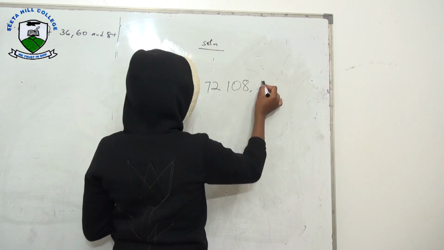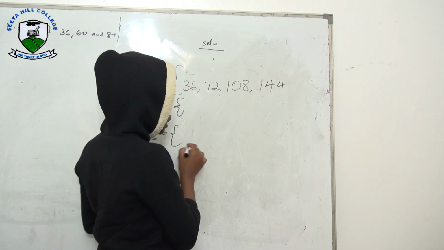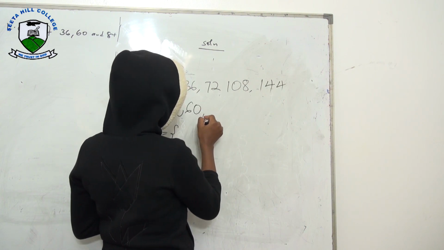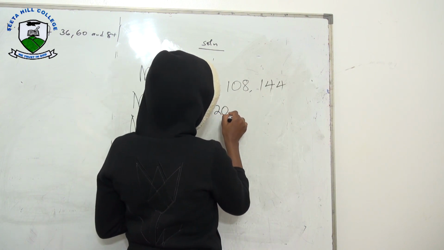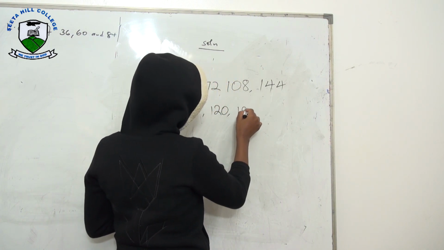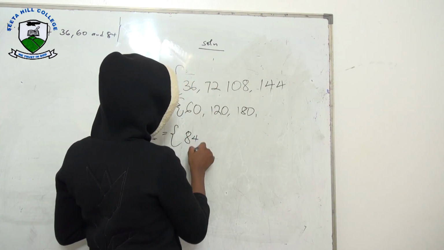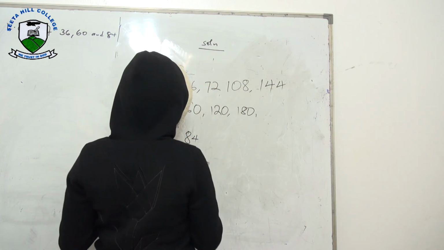I'm not going to list them all. Let's go to 60. 60 plus 60 will give you 120. 120 plus 60 will give you 180. Like that. So we go to 84, till you get that.